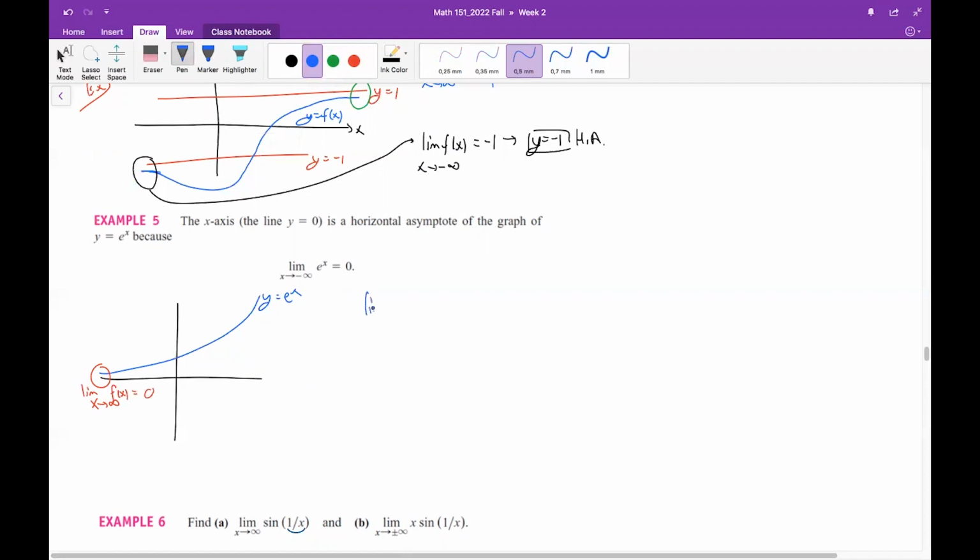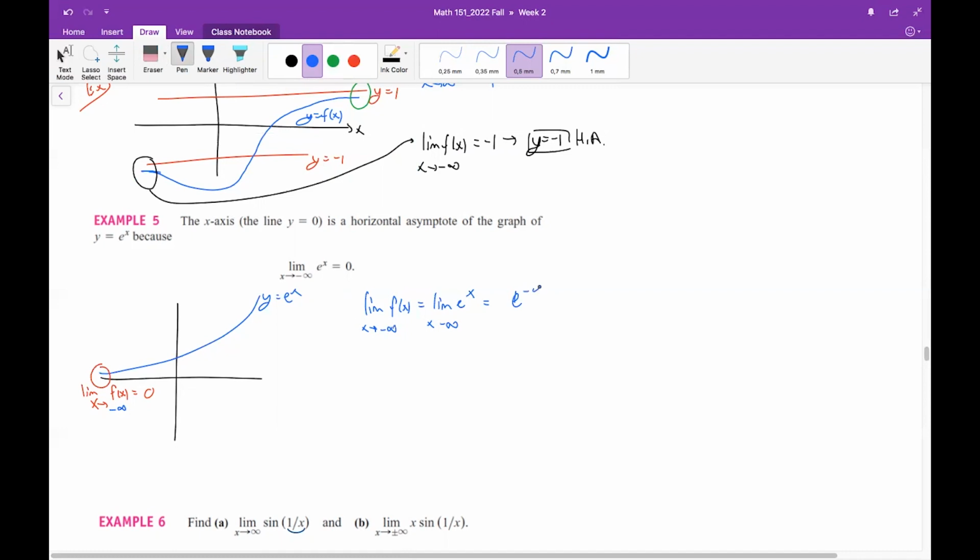Okay, so let me rewrite it again. Limit of this f of x as x goes to infinity, limit of e to the power x as x goes to infinity. As x goes to minus infinity, obviously not infinite, but the negative part, minus infinity. So what is this?